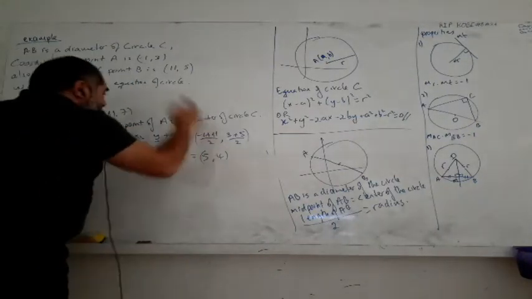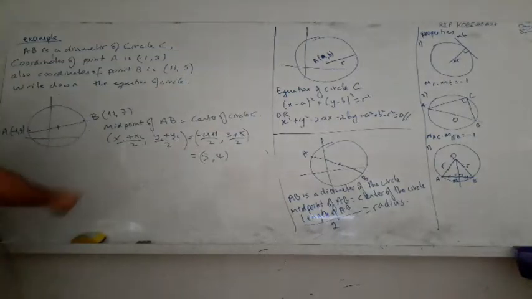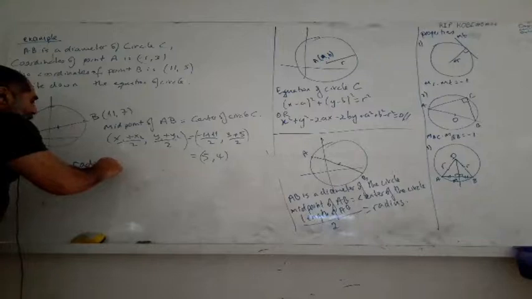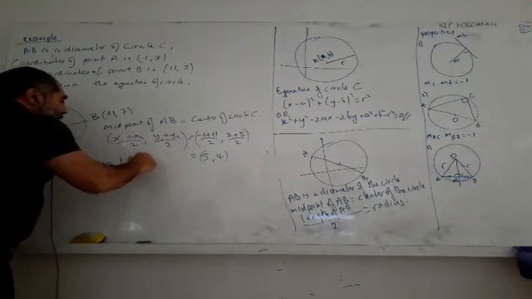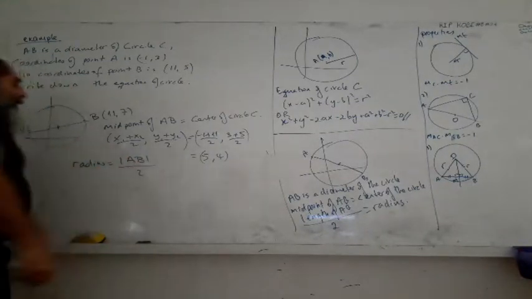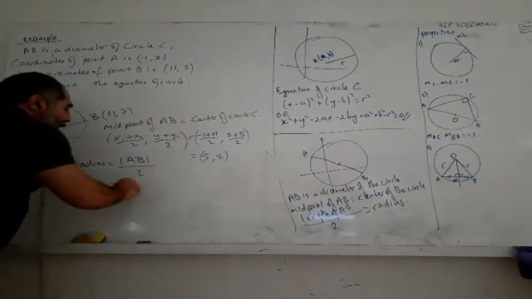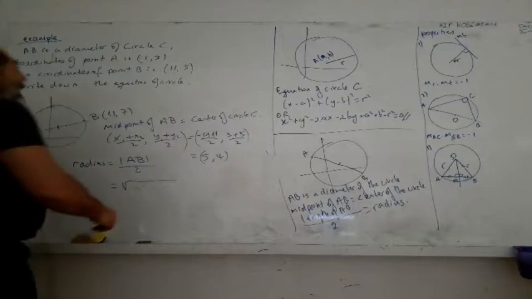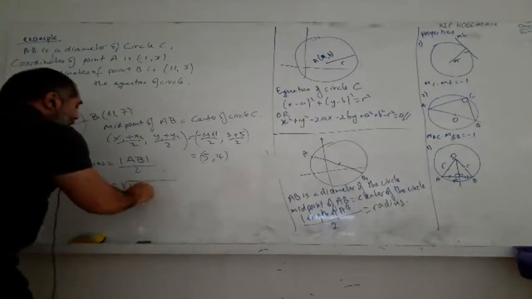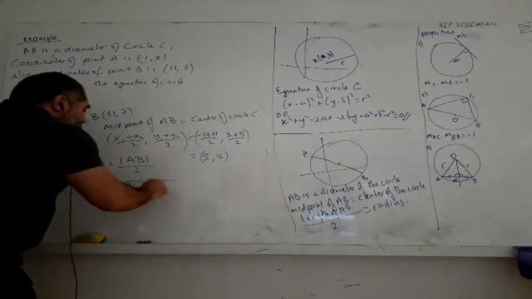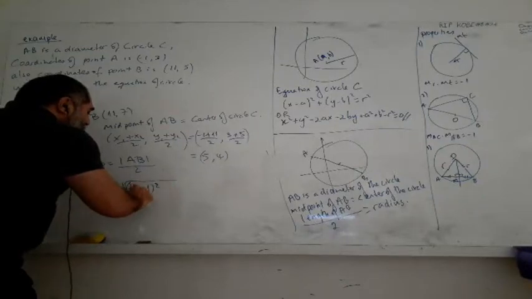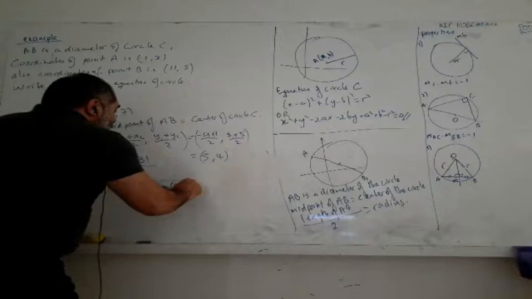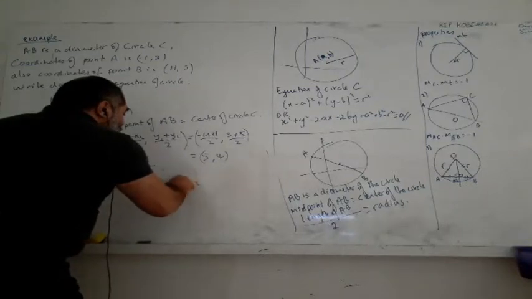Let's find the length of the radius. The radius is equal to the length of diameter AB divided by 2. What is the formula for the length of the diameter? That is the square root of (x2 minus x1) squared plus (y2 minus y1) squared.